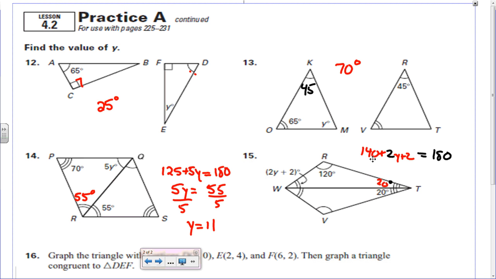So it gives you 142 plus 2y equals 180. Subtract the 142 over. You get 2y equals 38. Then you divide by 2. You get y equals 19. That's it.